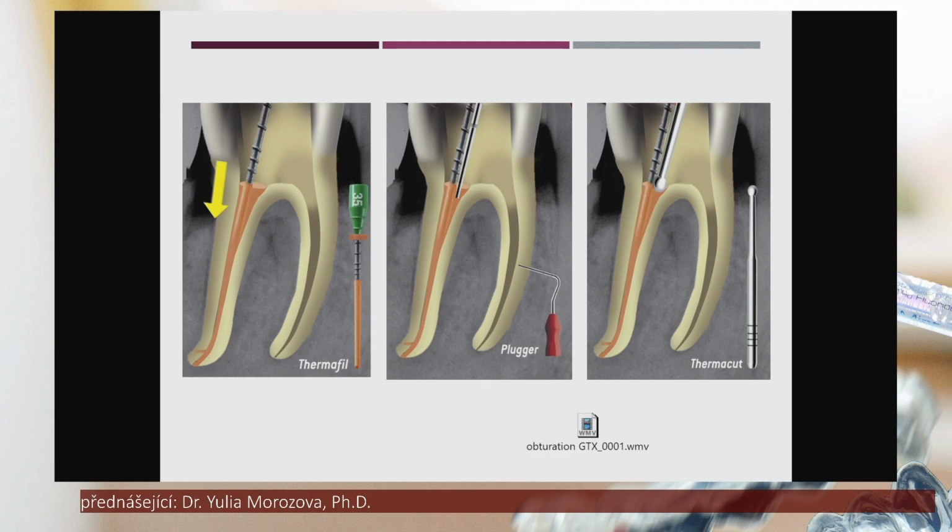Also, there are some specific lines that give us information about the length of the obturator: 18, 19, 20, 22, 24 millimeters.